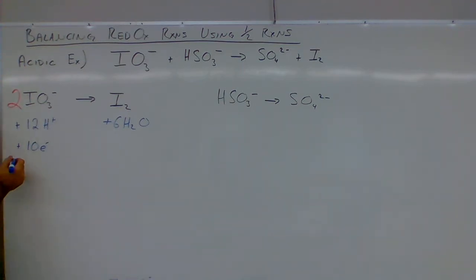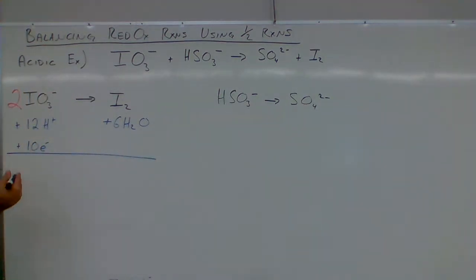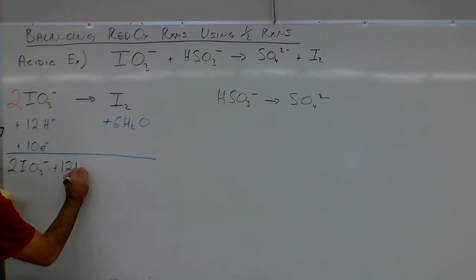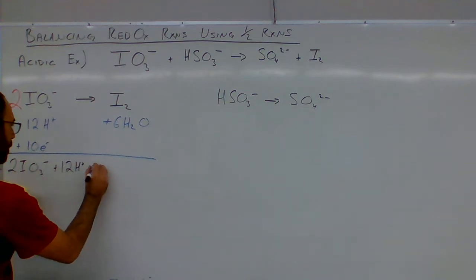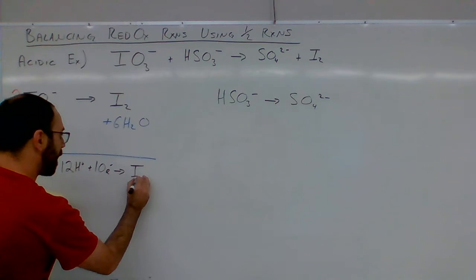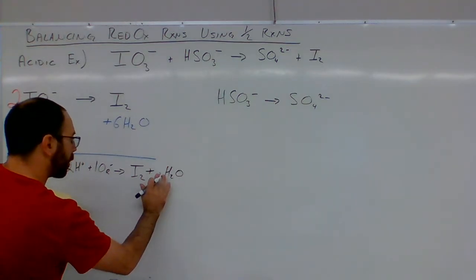A quick summary of this one is going to be 2 iodate plus 12 H plus plus 10 electrons gives us the I2 plus 6 water.